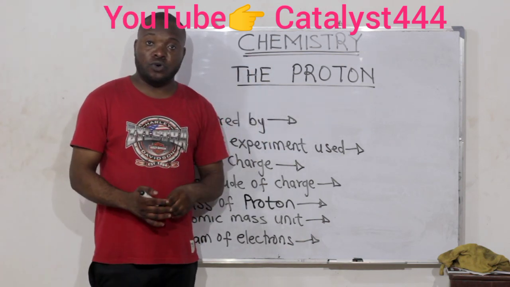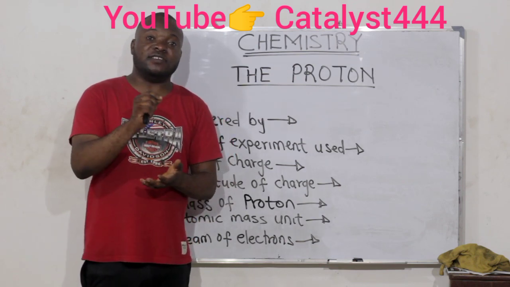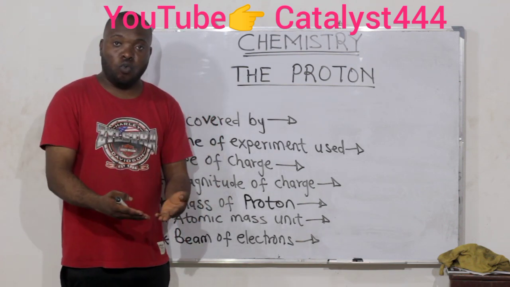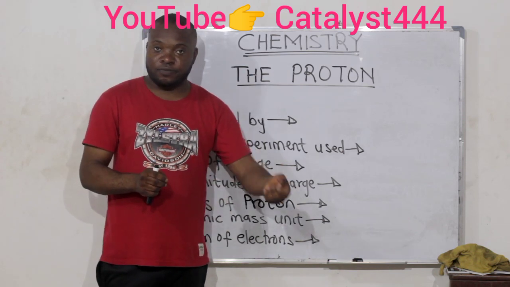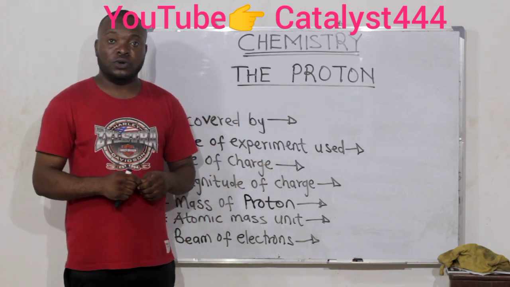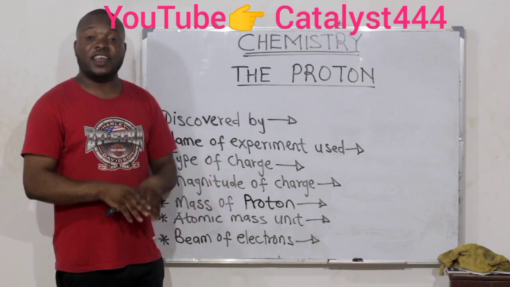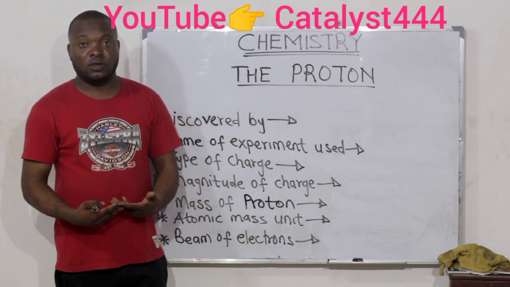Remember, in the previous video we told you that electron is the negatively charged particle present in an atom. An electron was discovered by the scientist called J.J. Thomson. We also told you that the name of the experiment used to discover the electron is called the cathode ray experiment.